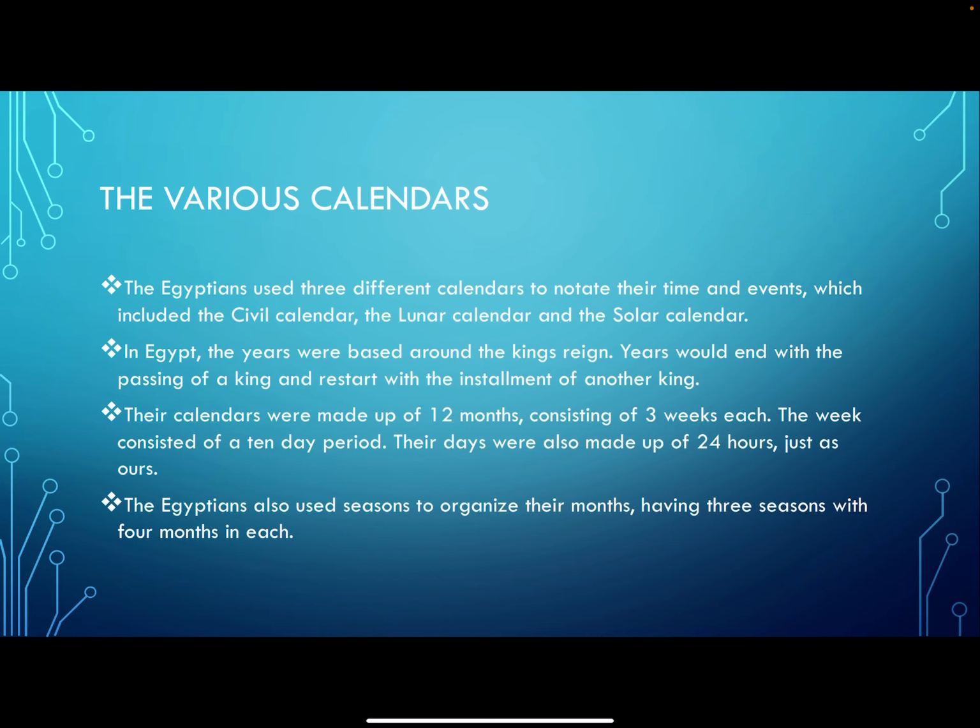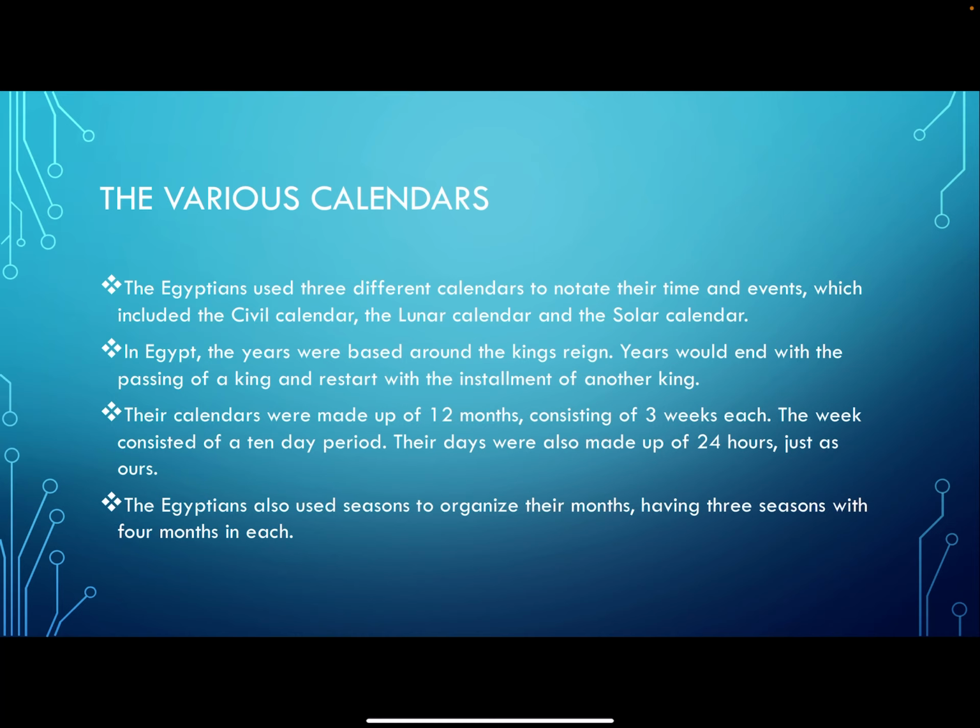Their calendars were made up of 12 months, just like ours, consisting of 3 weeks each month. The week consisted of a 10-day period, and their days were also made up of 24 hours, just as ours. The months consisted of 30 days.